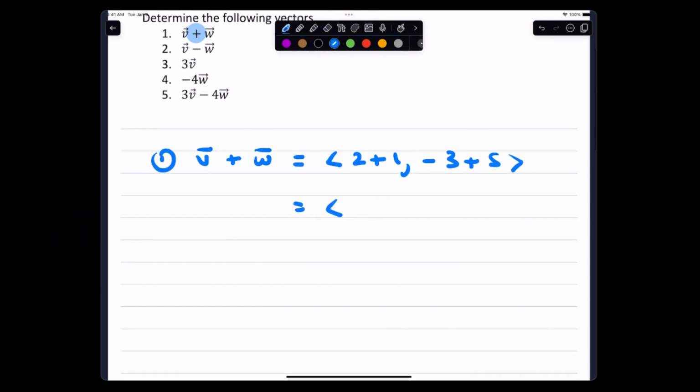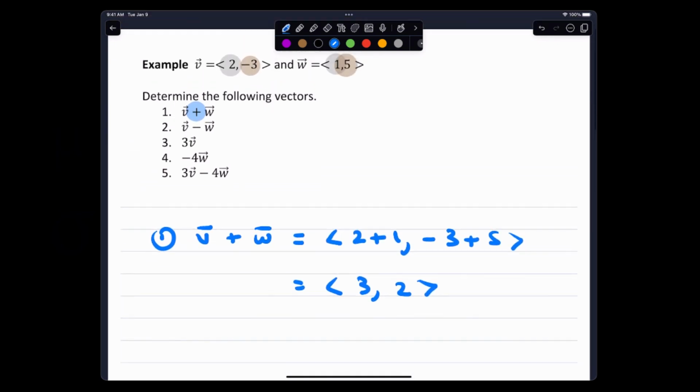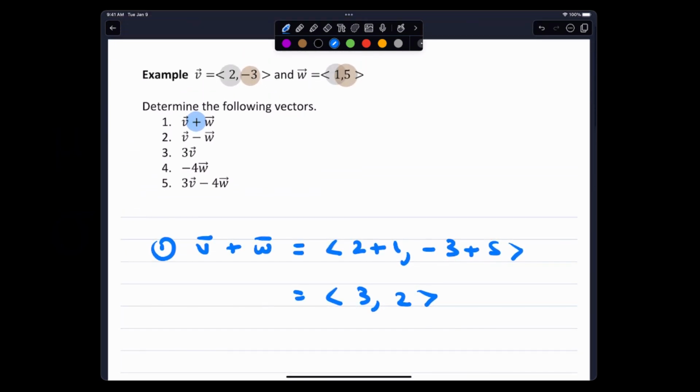So what does that give you? 3 comma 2. So here's your vector sum. Okay, you guys okay with that? Anybody have any question with these components here?